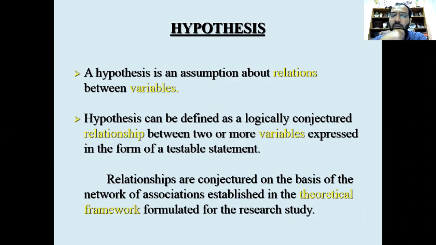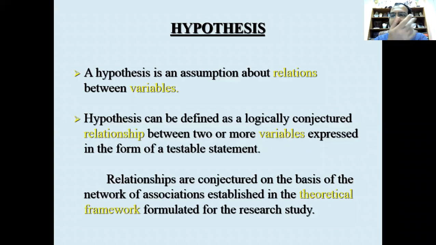Relationships are conjectured on the basis of the network of associations established in the theoretical framework formulated for the research study. So from where do we know what the relationship is? Obviously that relationship is conjectured, or that connection is established, from the theoretical framework which you have explained in your thesis.